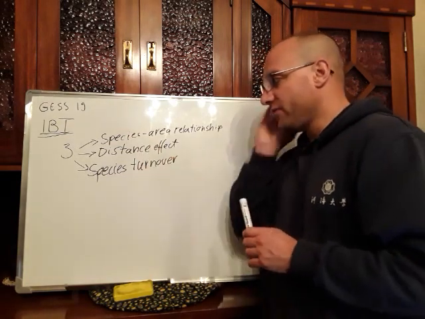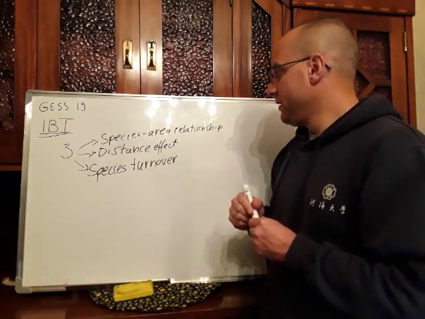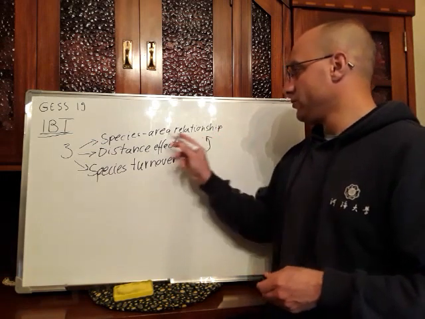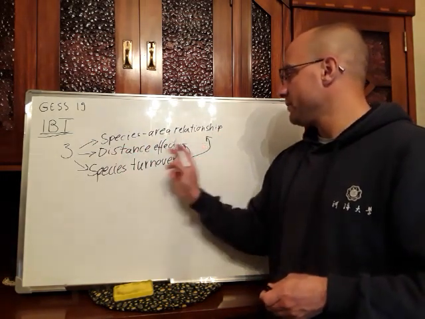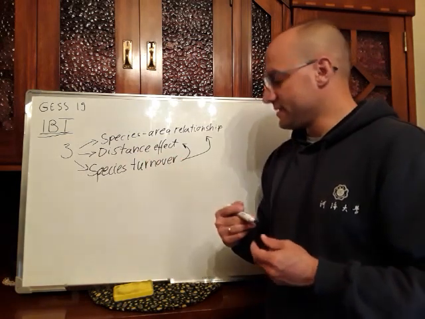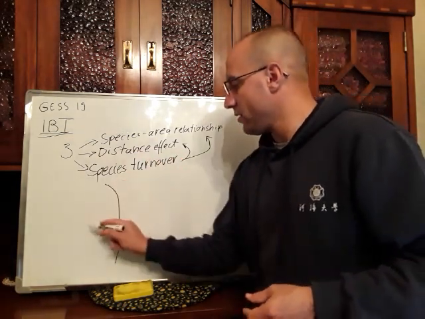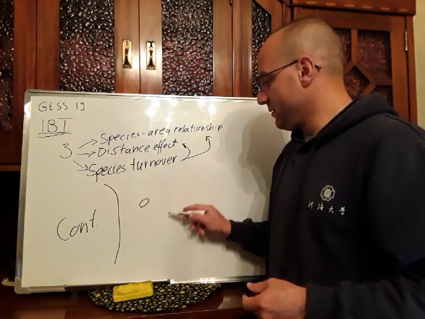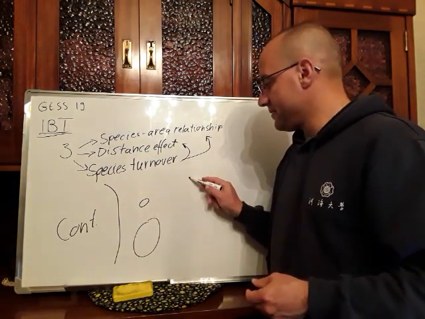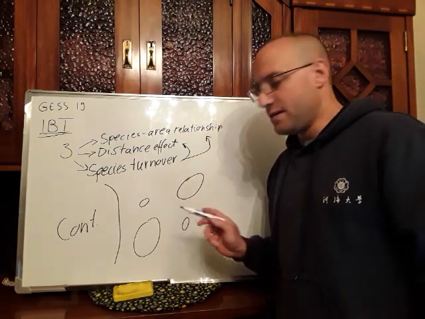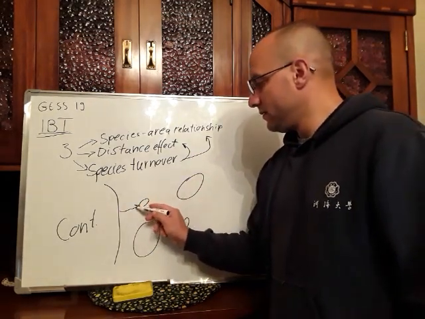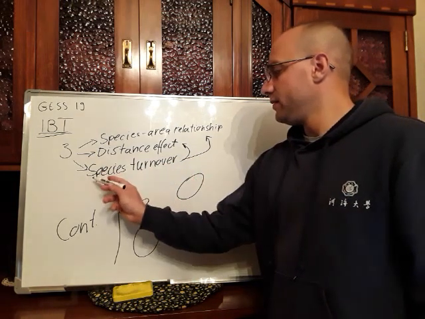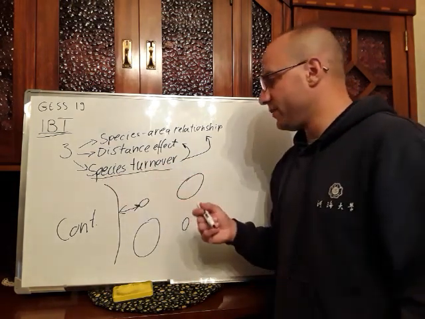So these are then the three observations, and actually we can say that the species turnover is related to the other two observations, so the species area relationship and the distance effect, which says if we have a continent, then different islands, depending on their size and distance from the mainland, so both size and distance here would have a relationship to this species turnover.